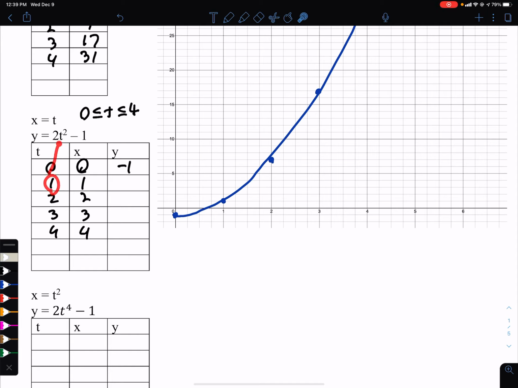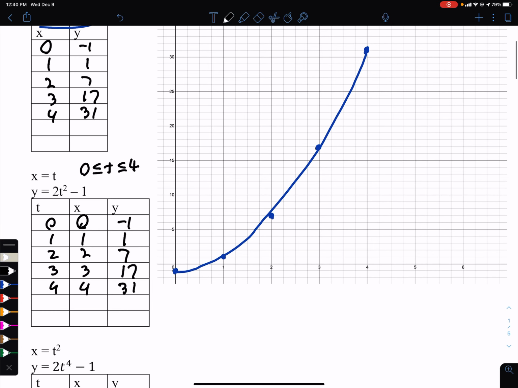I plug in 1 for t, and that will give me 1. I plug in 2 for t, that will give me 7. I plug in 3 for t, that's 18 minus 1, that'll be 17. And I plug in 4 here, that'll be 32 minus 1, which is 31.